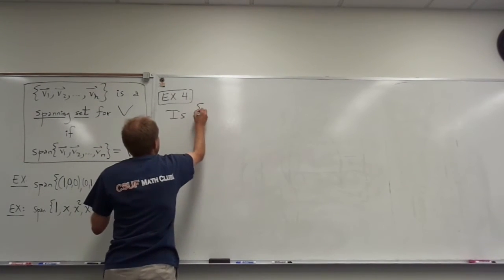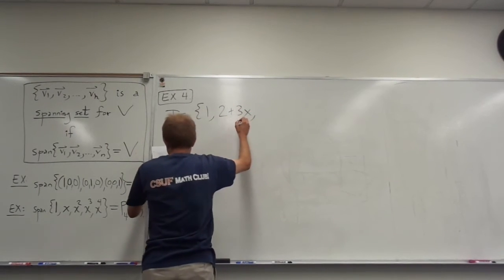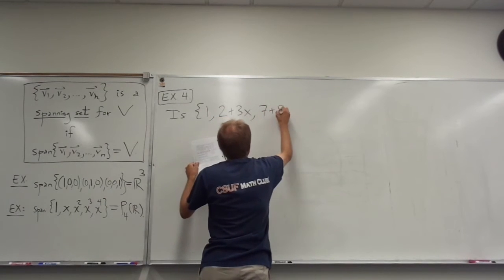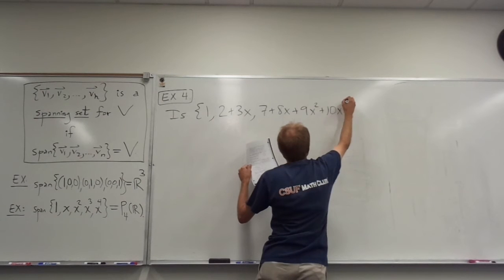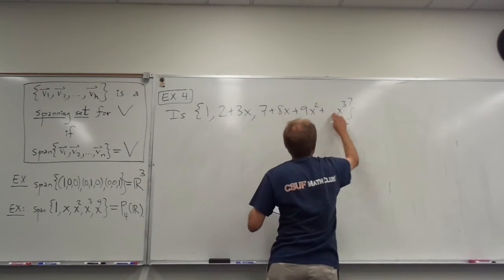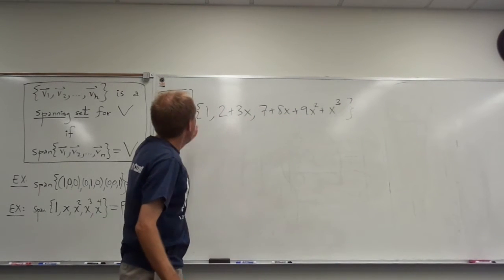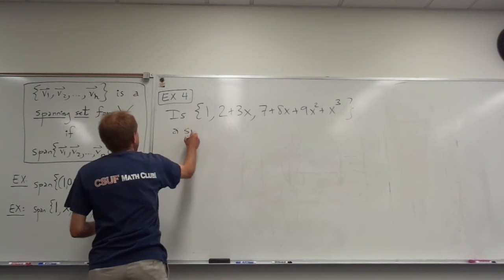Is the set 1, 2 plus 3x, and 7 plus 8x plus 9x squared plus 10x cubed. Okay, actually let's make this just x cubed here. Okay, so just take that. Are these 3 polynomials a spanning set?